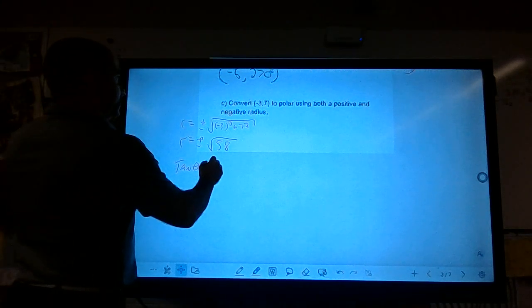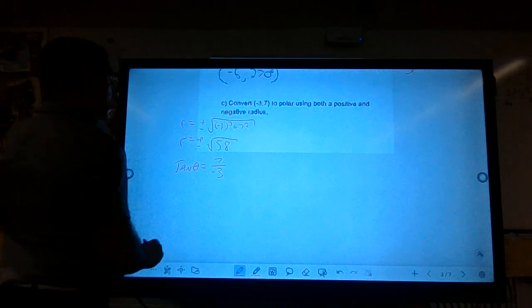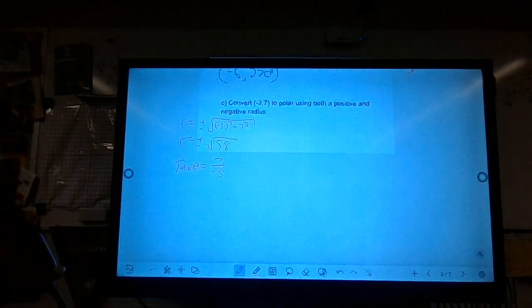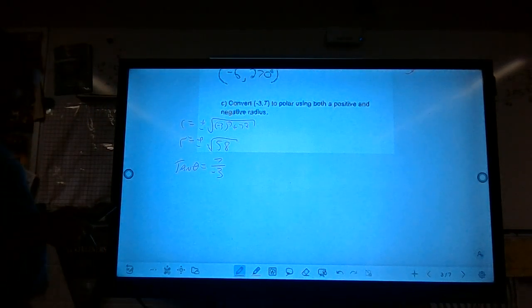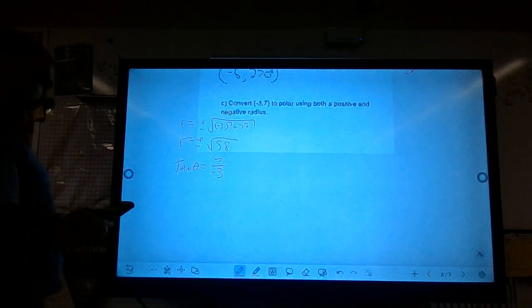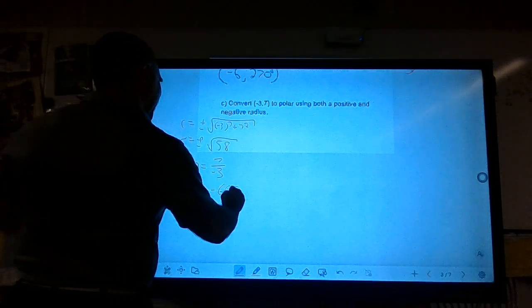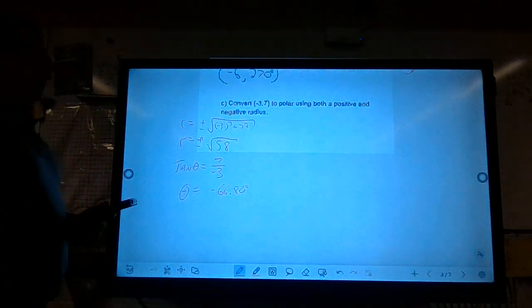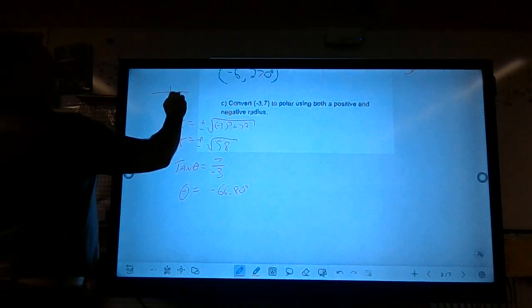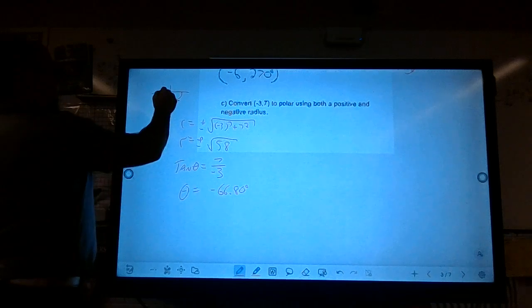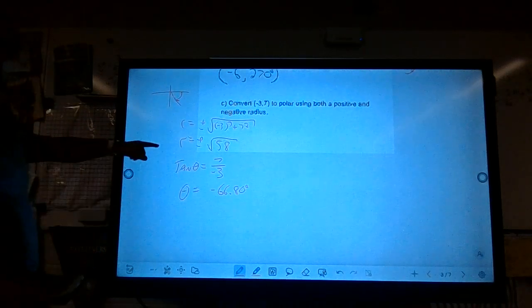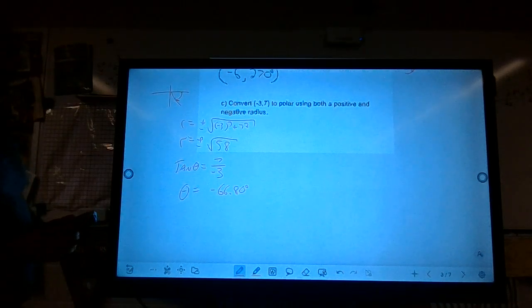And then the angle is going to be the inverse tangent of 7 over negative 3. And here's a little minor issue, not too bad. We get a negative angle. Now we know that a negative angle goes clockwise. Negative 66, that's going to be somewhere over here in the fourth quadrant.